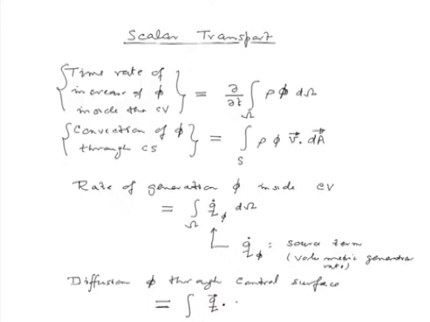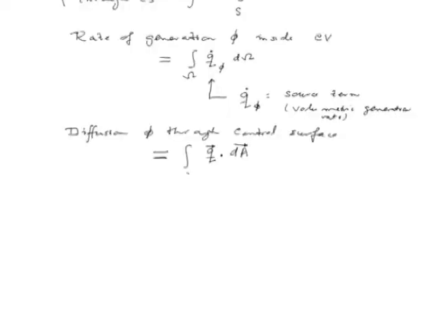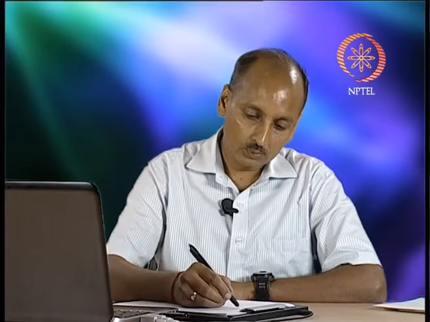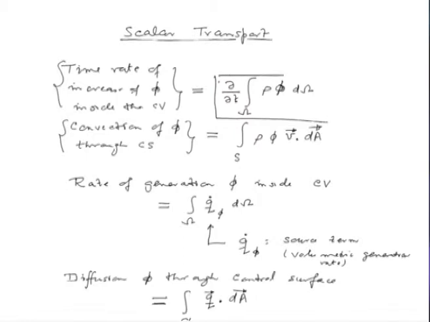So, q dot dA integrated over our surface will give us the net rate of efflux of q across the control volume surfaces.